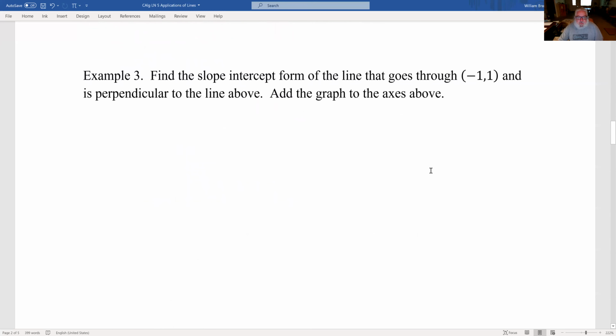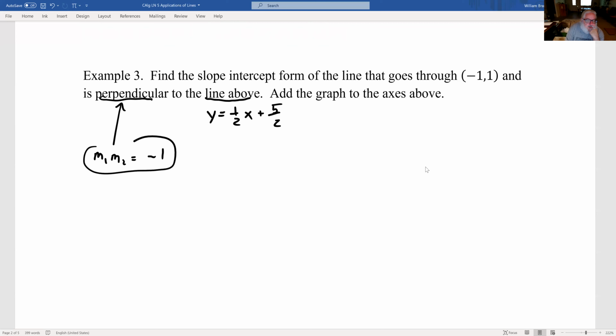Find the slope intercept form of the line that goes through -1, 1 and is perpendicular to the line above. And remember that the line above is y equals 1/2 x plus 7/2. So for a perpendicular line, if we have two lines that are perpendicular, if you multiply the slopes together, you get -1.